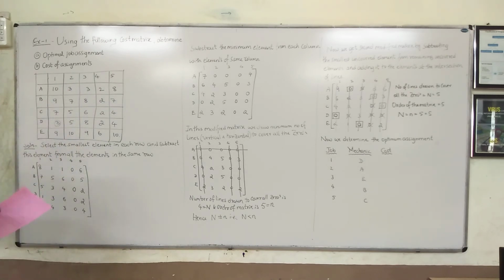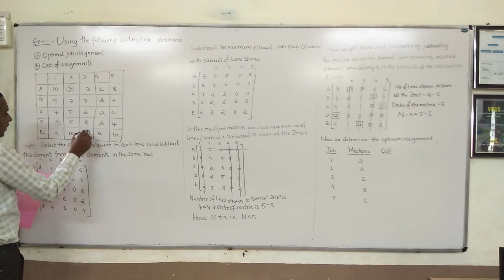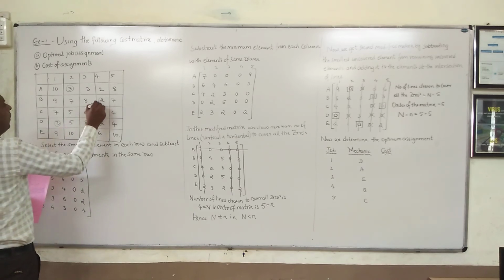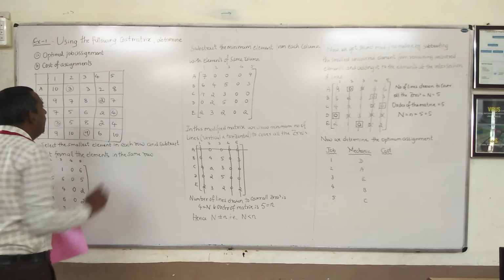I will mark, followed by 3. Here it is. Then followed by this one, then followed by this one, and the last is this one. So these are the allocations.